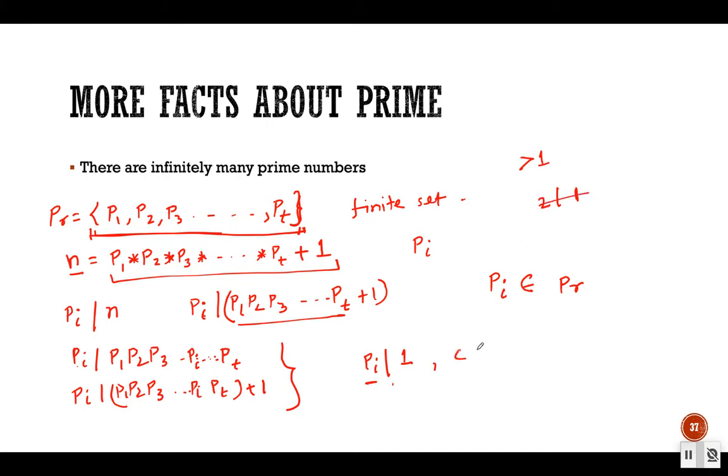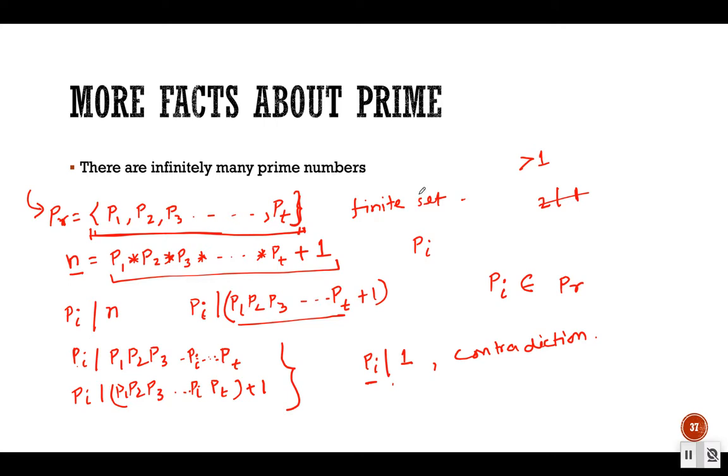So that's a contradiction. That proves that what we assumed first, that the set of primes is finite, is false. That means there are infinitely many prime numbers.